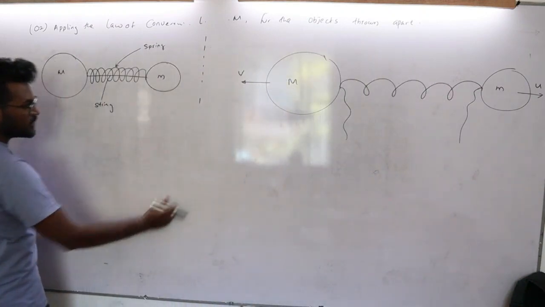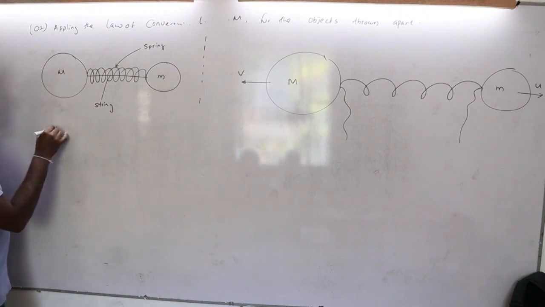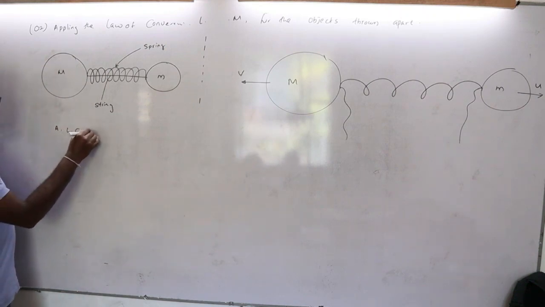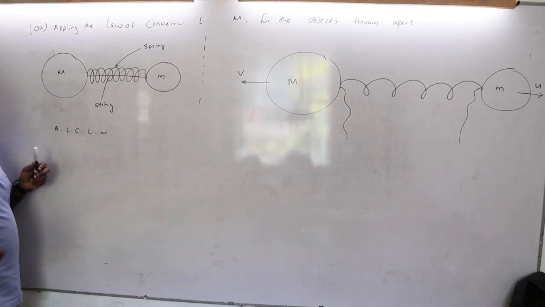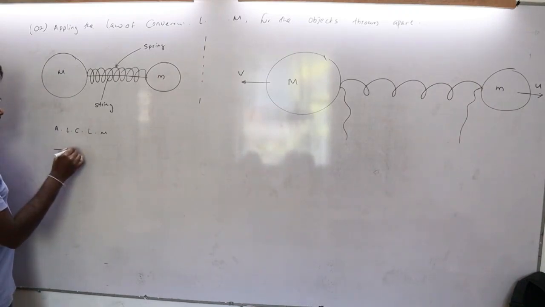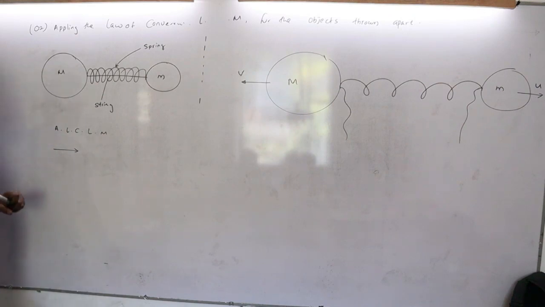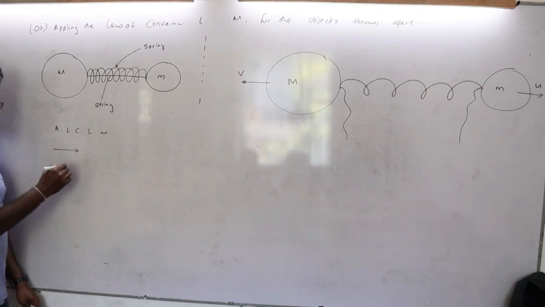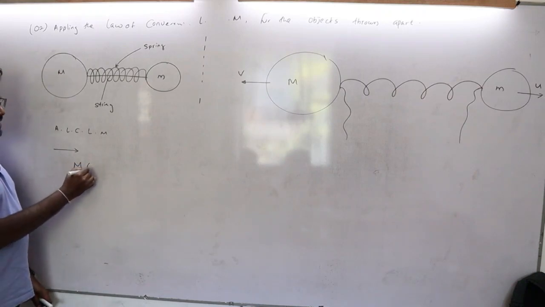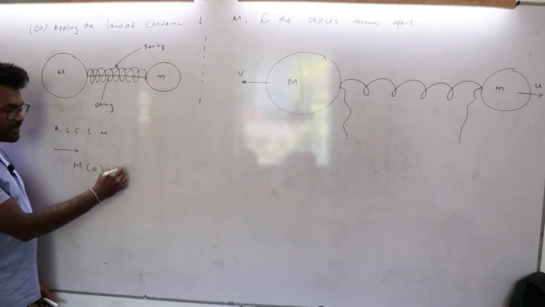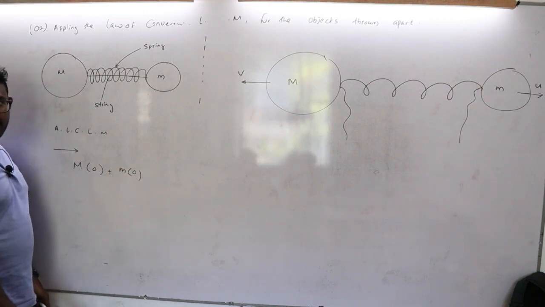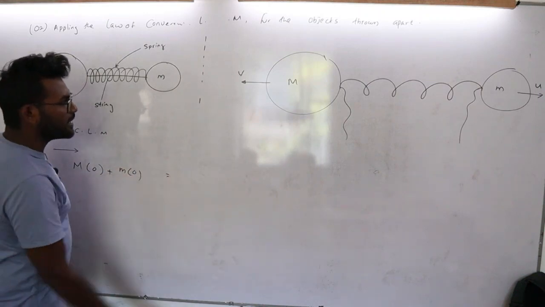Right. So we're going to apply the law of conservation of linear momentum. We can apply it in any direction. Let's put this side or the other side, whatever. Tell me, what is the initial momentum of the system? Yes, why is it zero? We have the capital M having no velocity, and the small m also not having any velocity, right? But what's going to happen afterward?